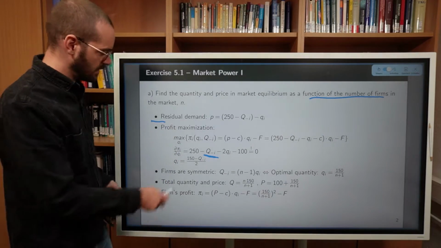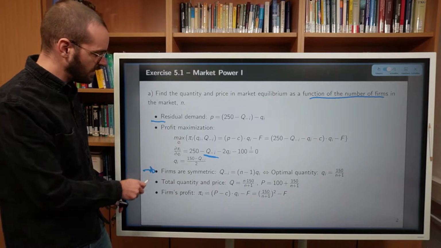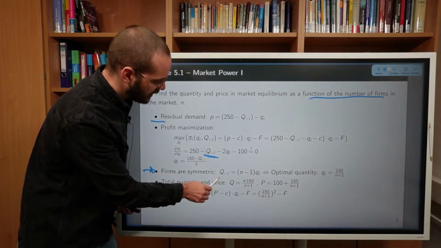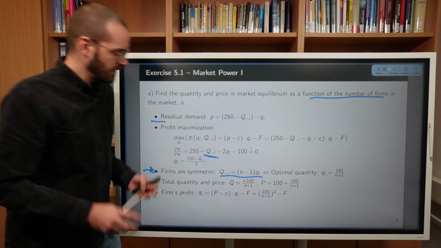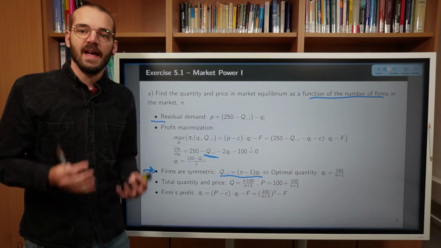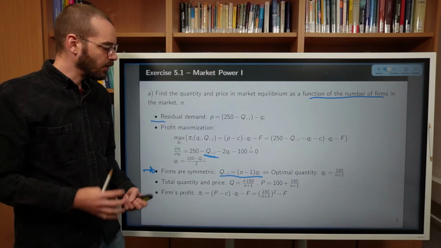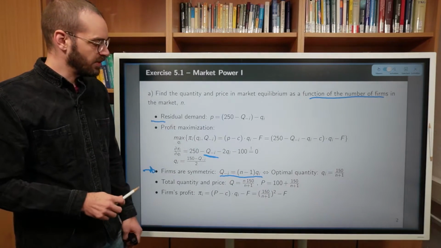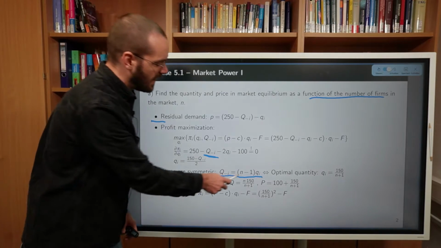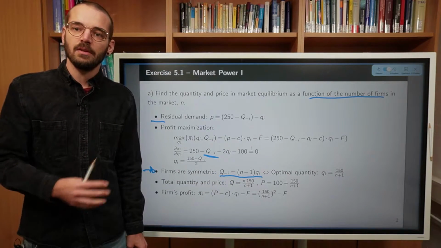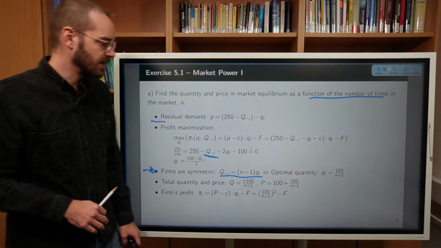But instead, and this is what you see in this point down here, we will keep this parameter n in our equations. So the quantity of all other firms, Q with an index minus i, equals n minus 1 times the quantity of each individual firm in this market.